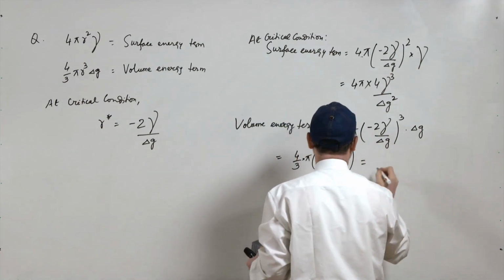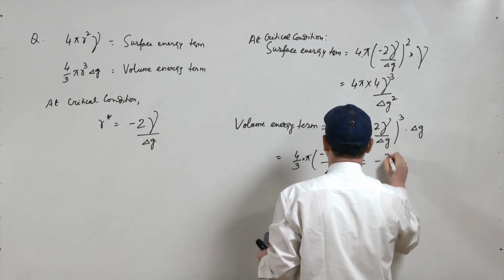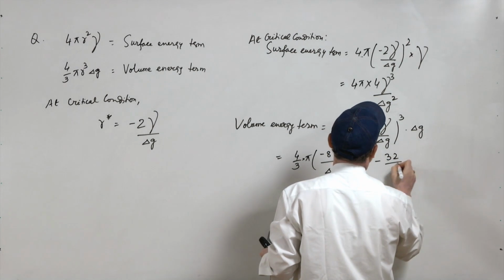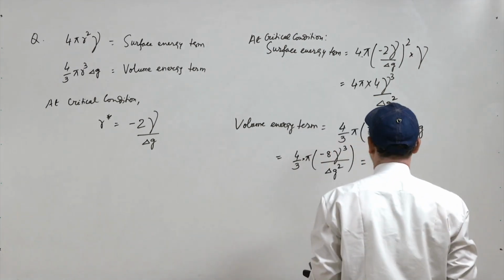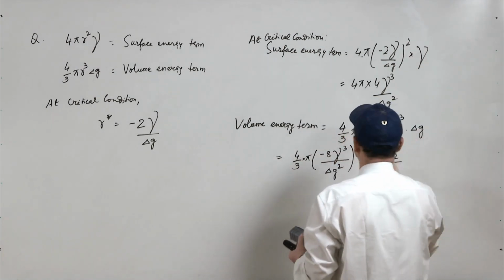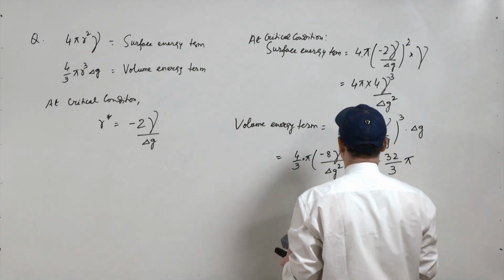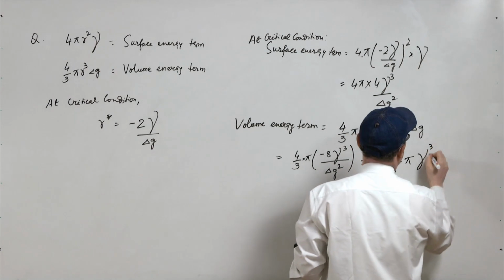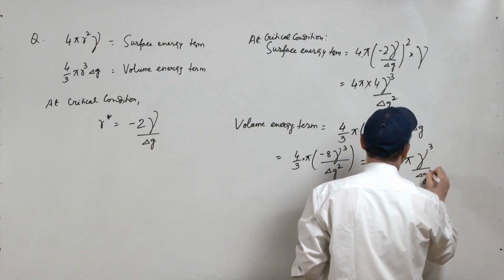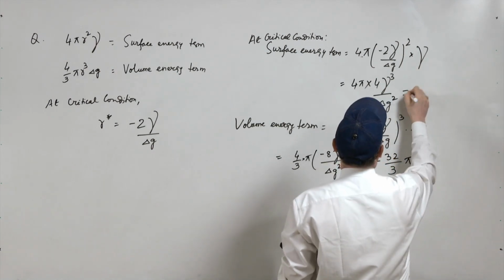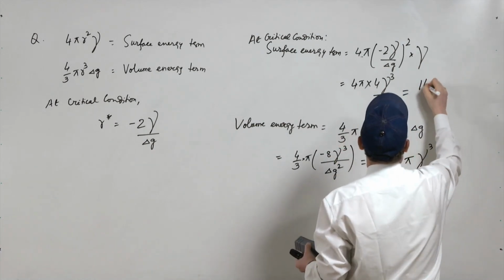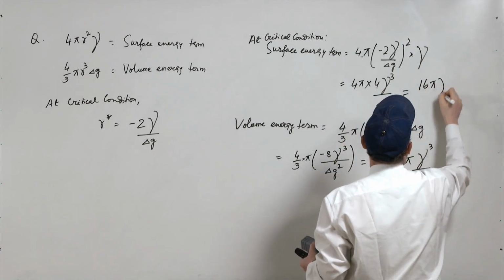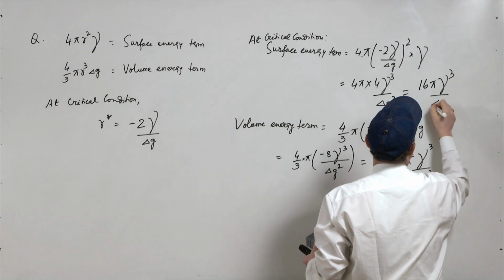So, it will be minus 32 upon 3 into pi gamma cube upon delta g square, and the surface term has come as 16 pi gamma cube upon delta g square.